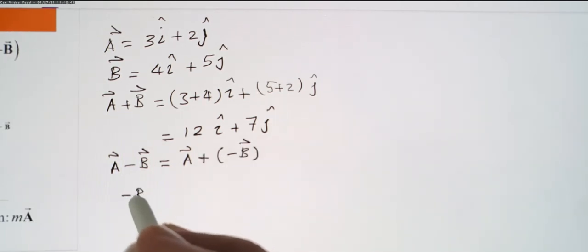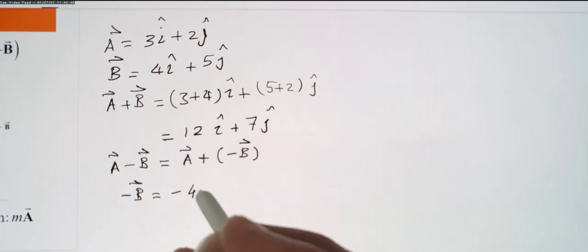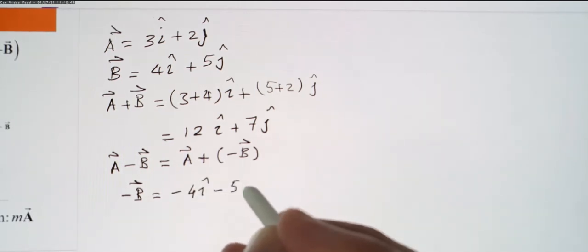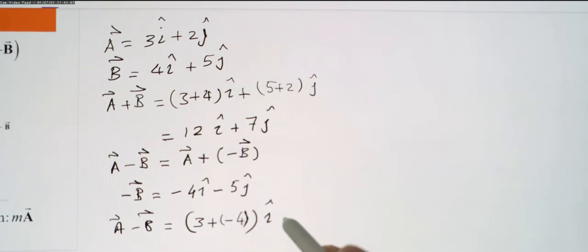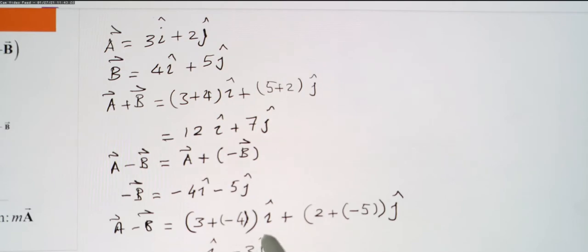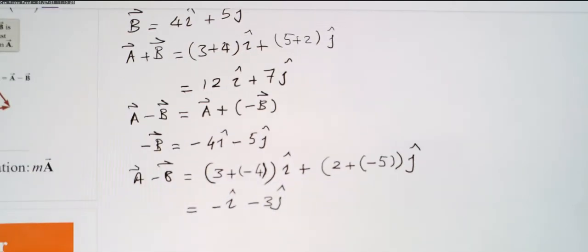Now subtraction. Vector A minus vector B is nothing but vector A plus minus vector B. So minus vector B is equal to minus 4i minus 5j. So A minus B: now I add also. So 3 plus minus 4 in the i, plus 2 plus minus 5 in the j. That is minus i minus 3j. أحسنت يا يمان.